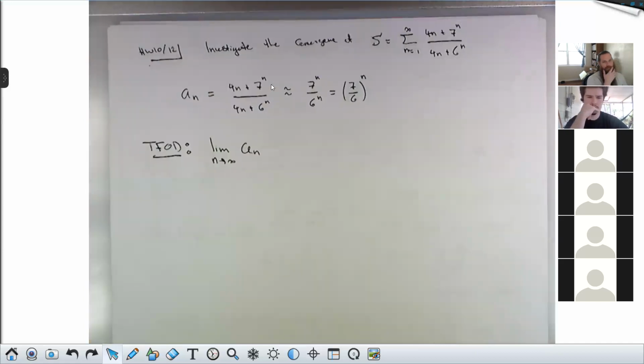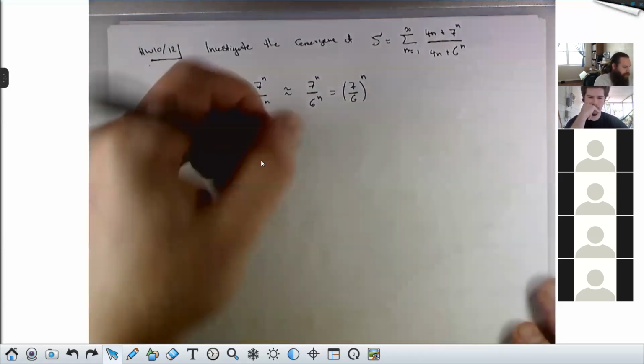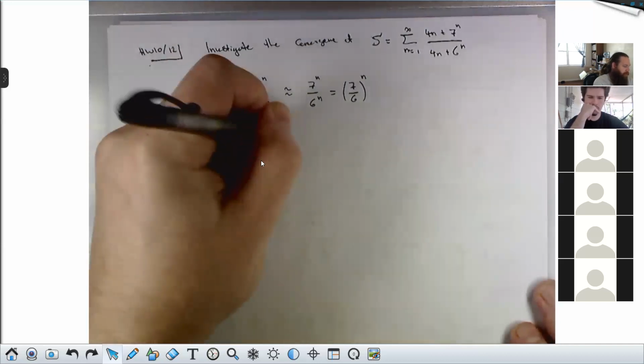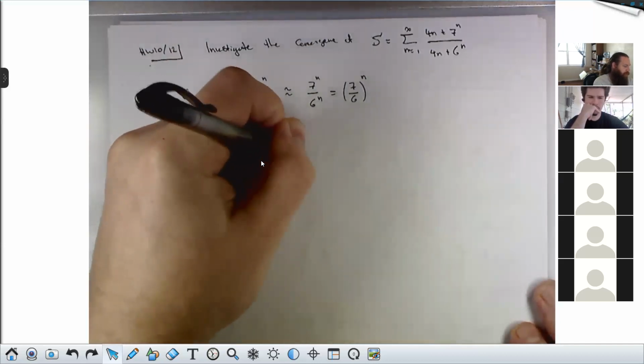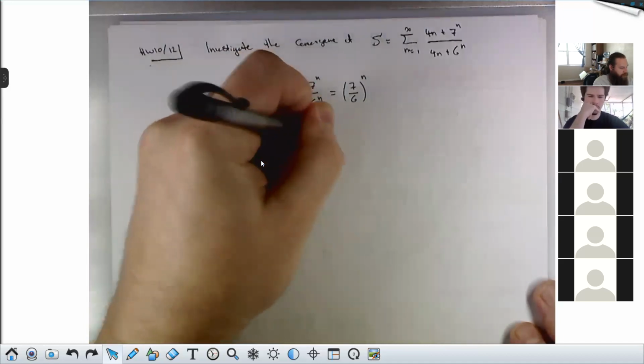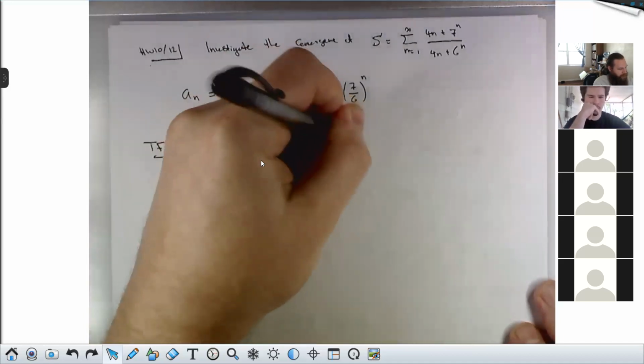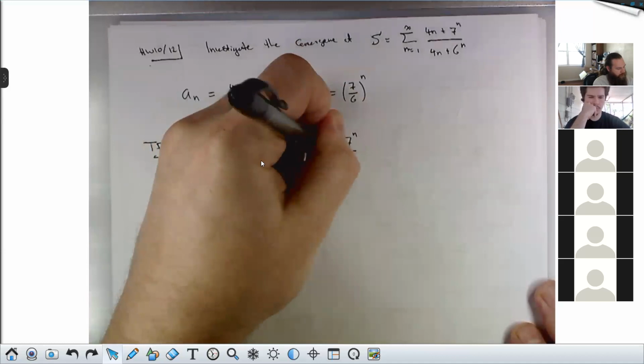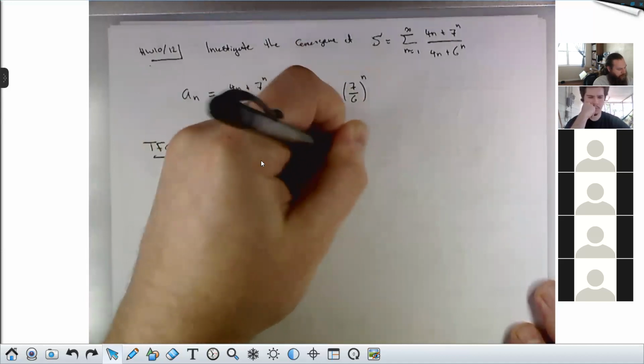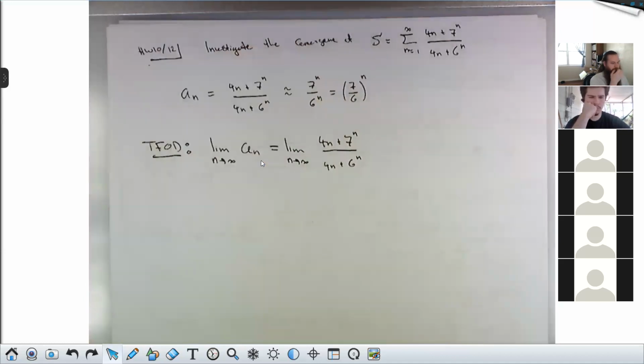Remember what TFOD says. It says if the limit of the ANs is non-zero, then sigma AN diverges. Here, the limit of the ANs is the limit as n goes to infinity of 4n plus 7 to the n over 4n plus 6 to the n.